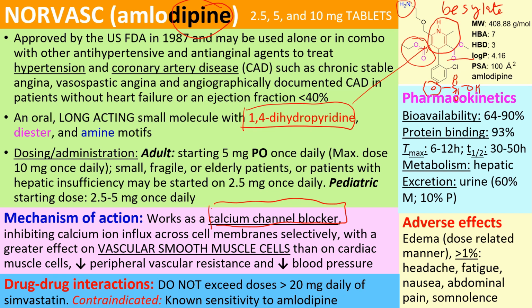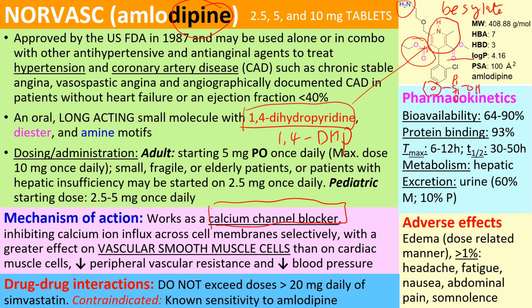So this dipine class, the dihydropyridine class, is very often referred to as the 1,4-DHP class. 1,4-DHP is the 1,4-dihydropyridine class.